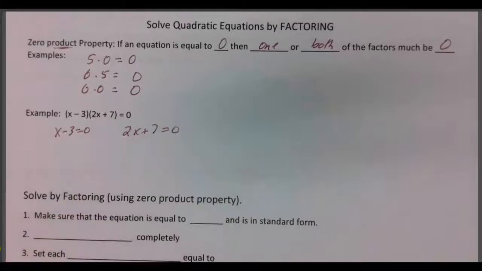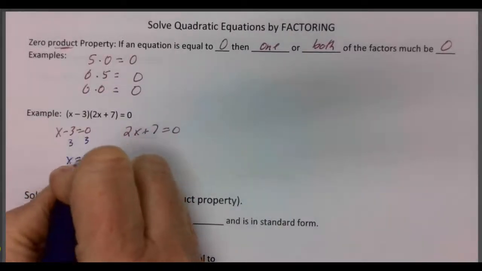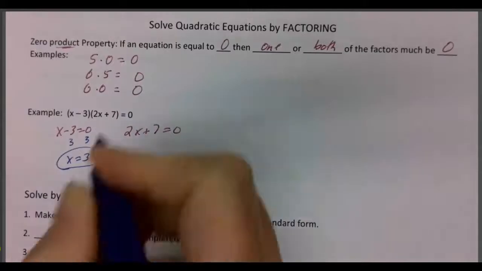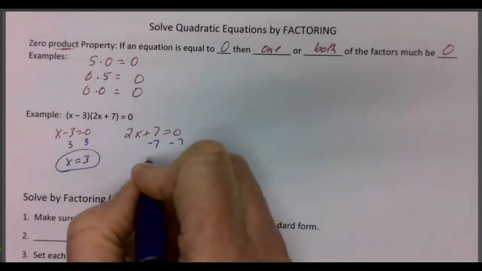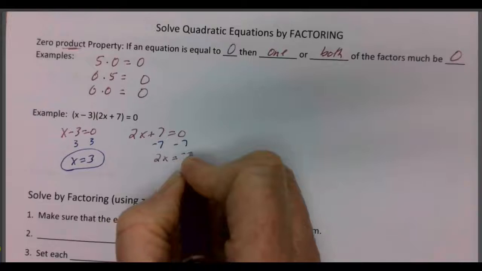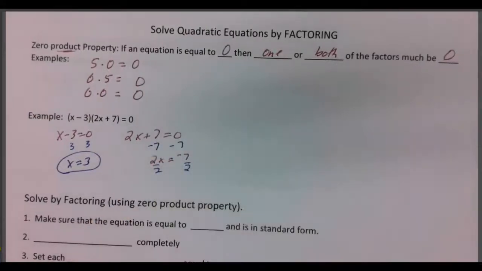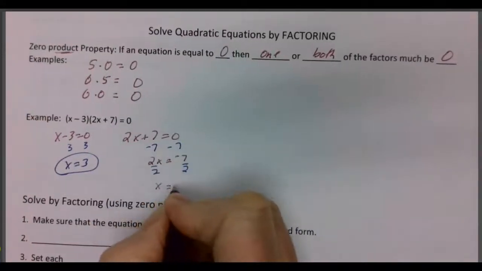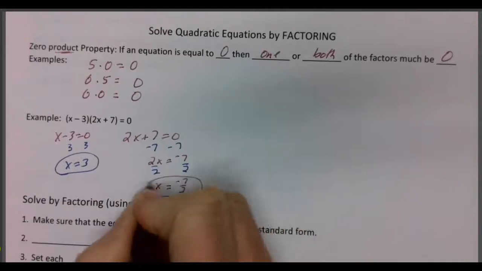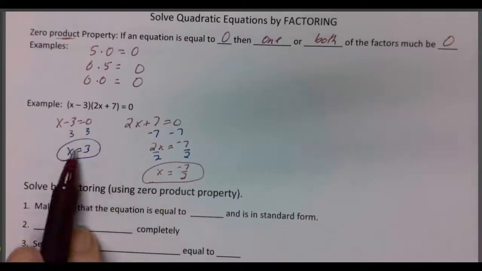Now we're just going to solve this equation. We know how to solve this equation. We add 3, we get x is equal to 3. There's one solution. Here we're going to subtract 7. We get 2x is equal to negative 7. Divide by 2. And we get that x is equal to negative 7/2. So, to this quadratic equation, these are our 2 solutions.